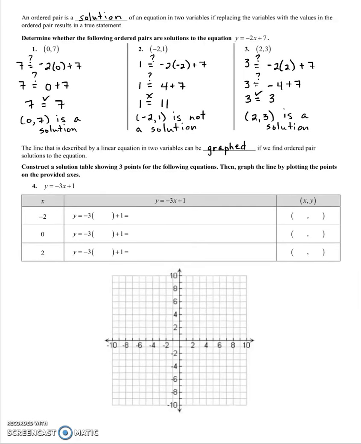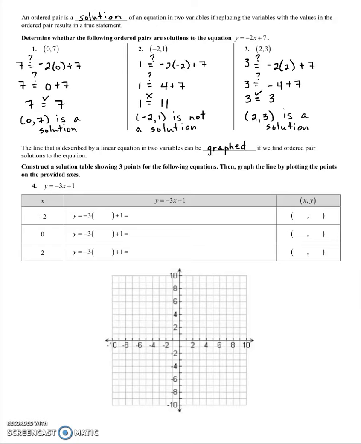People usually use negative 2 or negative 1, 0, and either 1 or 2, and that's just because it's easier to do math with smaller numbers, plus, our paper's only so big, so we like to use small numbers so that we can see what we're doing.